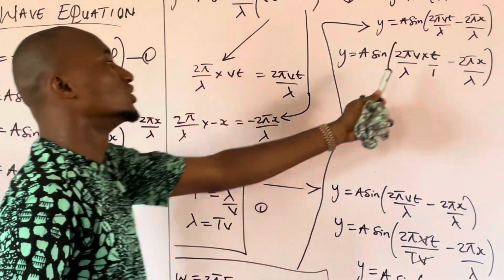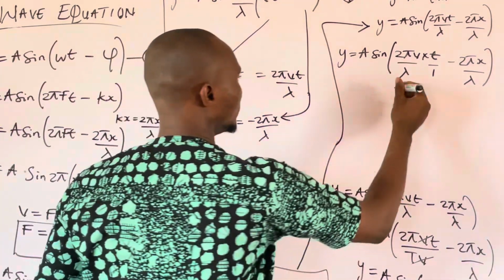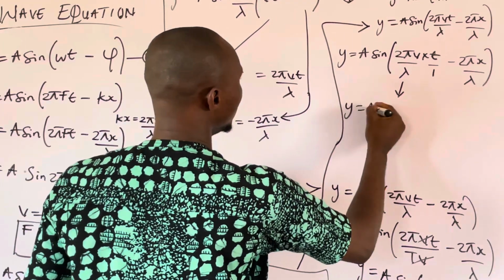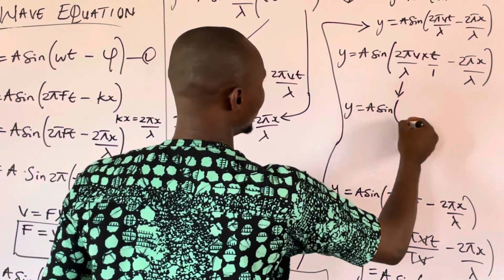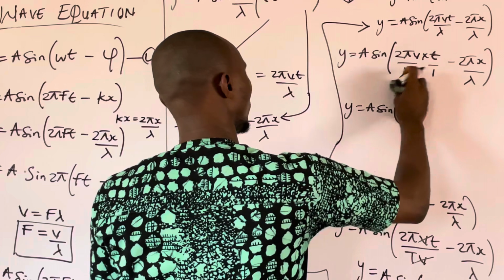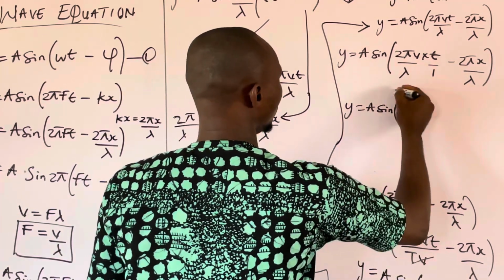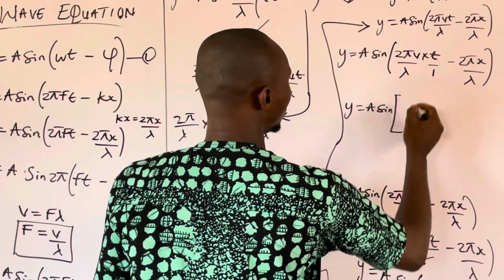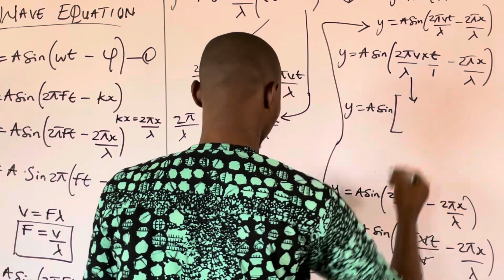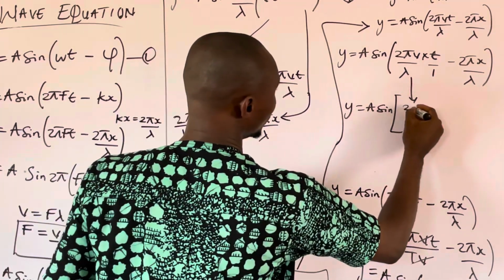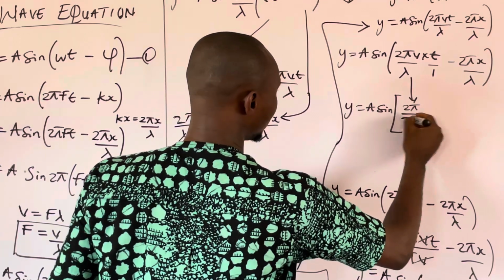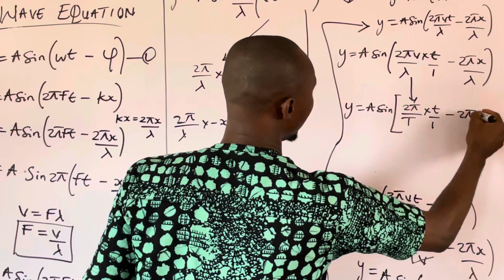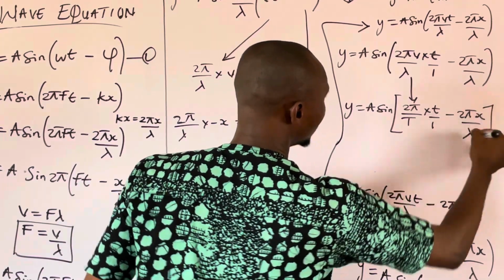So this 2 pi v here means y equal to a sine bracket 2 pi over T times t, minus 2 pi x over lambda, right?